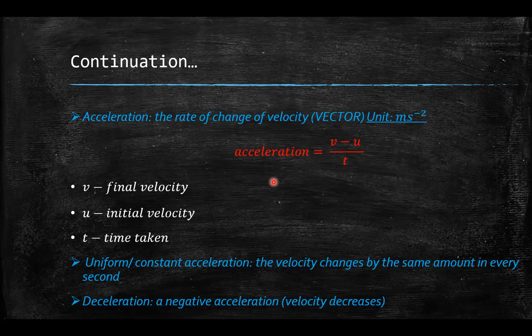So why did I say there's an acceleration or deceleration? Well, acceleration, we said the definition is the rate of change of velocity. That's my final velocity minus the initial velocity divided by the time taken.